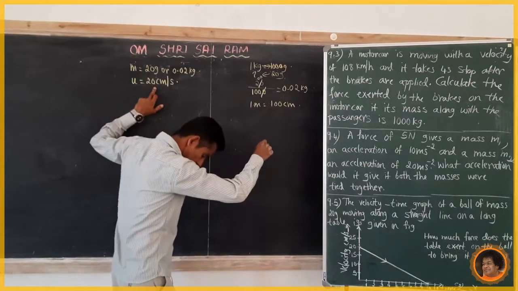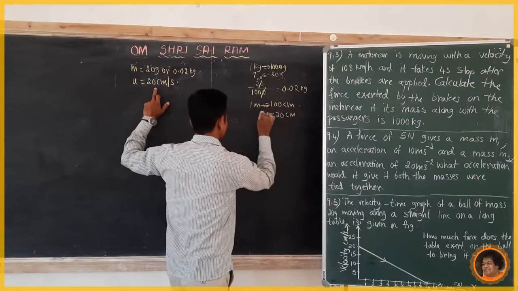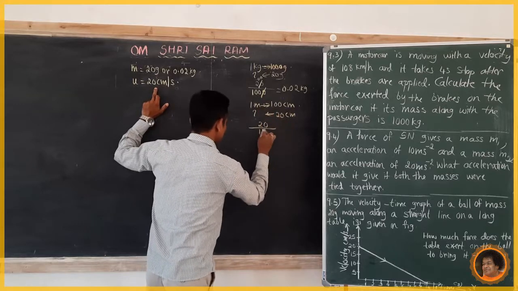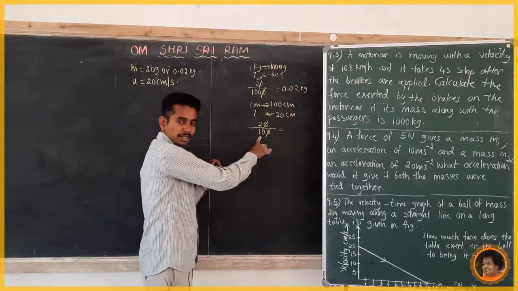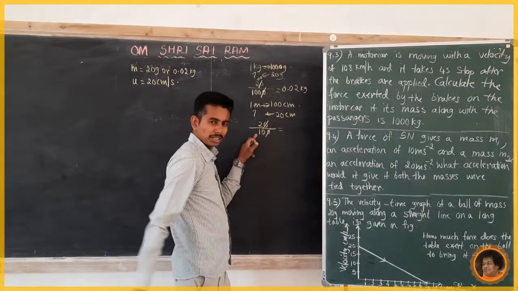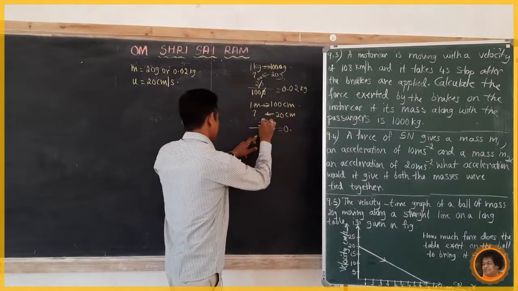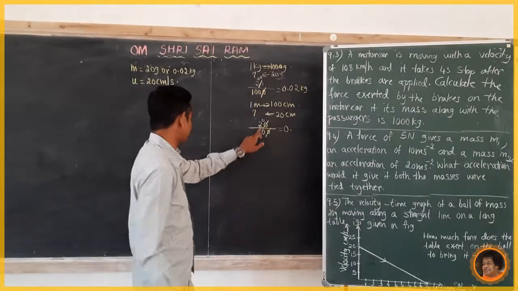Now 20 centimeter means how many meter? So 20 divided by 100. The zeros cancel, now 2 divided by 10. Can 10 divide 2? No. So put a point. It becomes 20, and 20 means 10 twos.